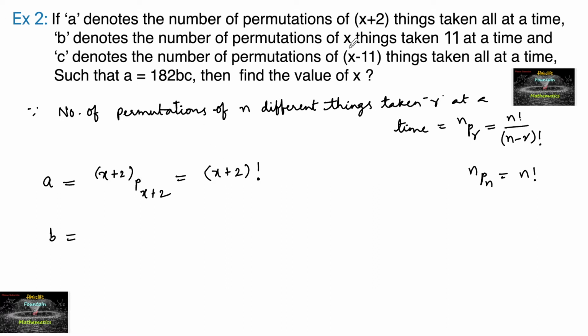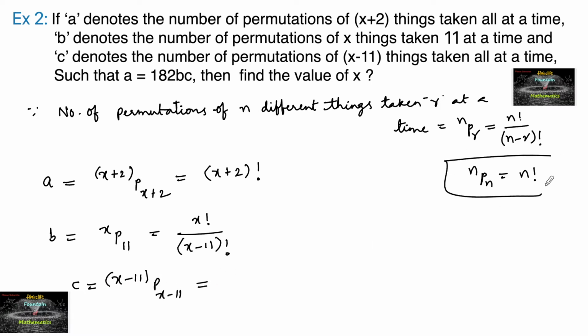B is equal to the number of permutations of x things taken 11 at a time. So here x things are the total and we are taking 11 at a time, so that is xP11, which can be written x factorial upon x minus 11 factorial. And next C is equal to number of permutations of x minus 11 things taken all at a time, that is x minus 11 P x minus 11.